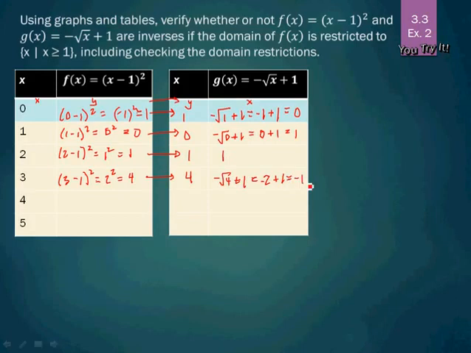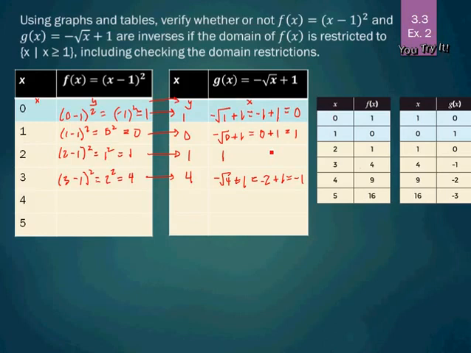Notice I did the top row in blue there because 0 is not in our domain. I've simplified these values in these two tables. Looking here, we do see that (0, 1) and (1, 0) are inverses, and the same with the next one, (1, 0) and (0, 1).